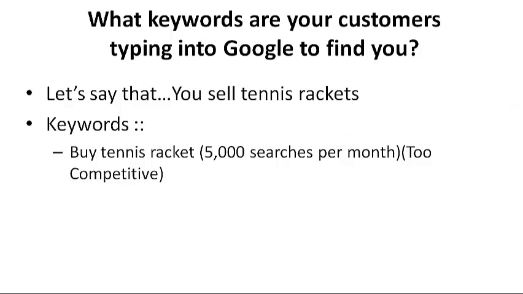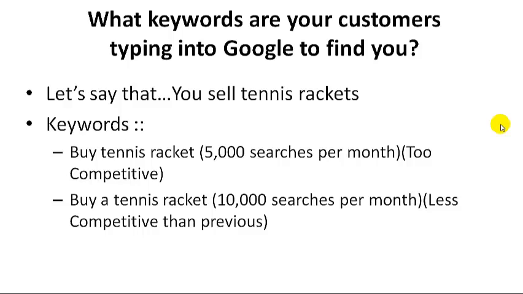And that's my point here, that you really need to know your product and your customers and target the right customers. Another cool tip is that different keywords can be very different in terms of the amount of searches they get. For example, buy tennis racket, hypothetically, I'm just making these numbers up, could be 5,000 searches per month.